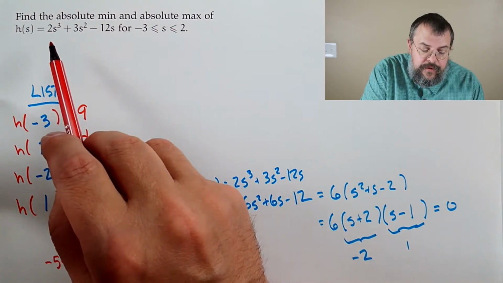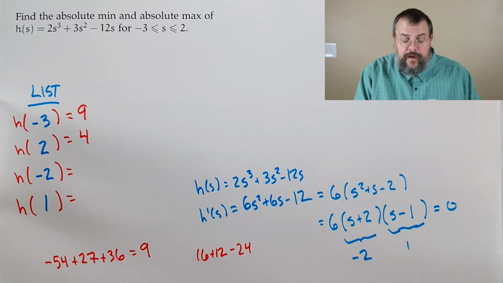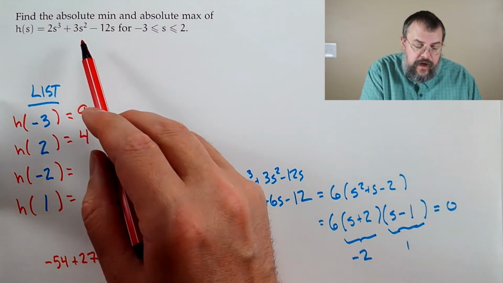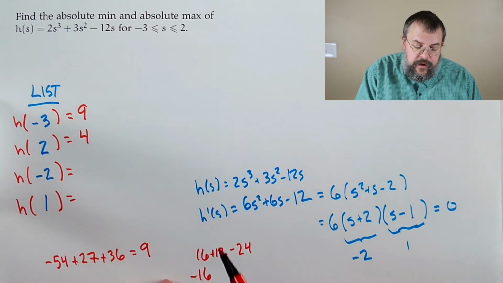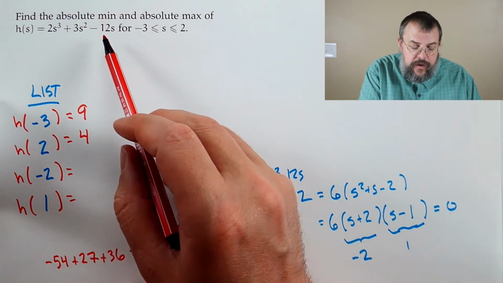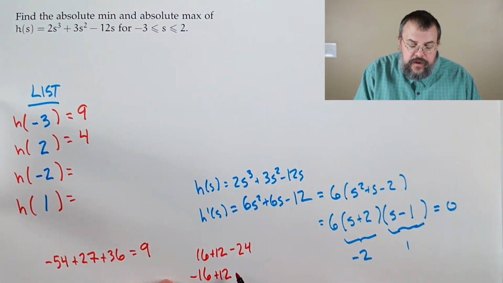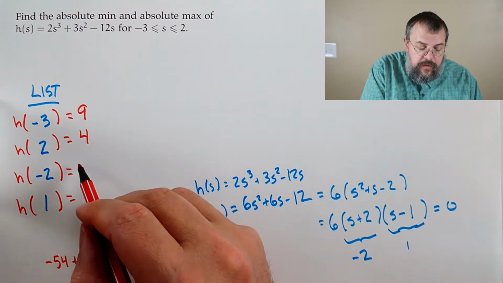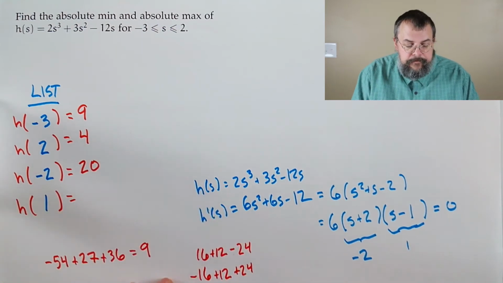Negative 2 cubed is negative 8 times 2 is negative 16. The negative 2 squared is 4 times 3 is 12, so it's still positive 12. And then it's minus 12 times minus 2, which will become plus 24. So we have 36 from the 12 and 24 together, minus 16, making this 20.